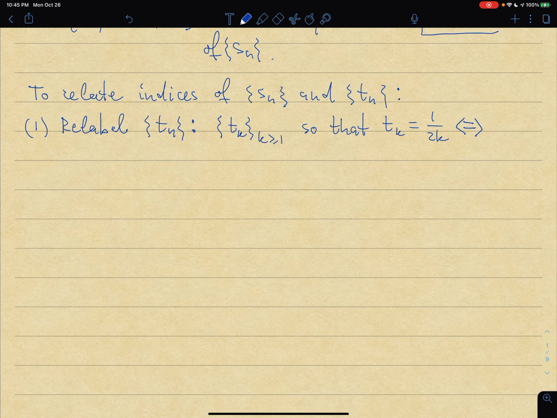We discussed that before. T, in a sense, is a function of its index. So rather than writing Tk is equal to 1 over 2k, I can equivalently write that T of k is 1 over 2k.